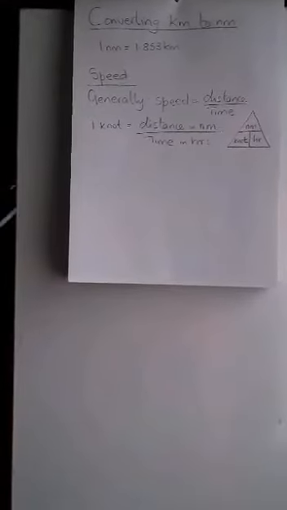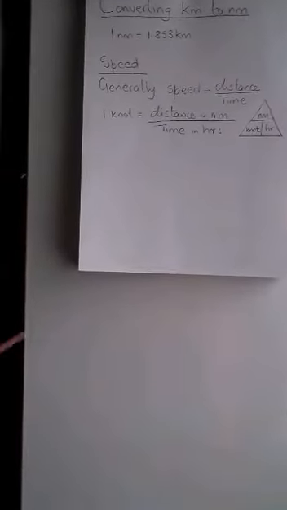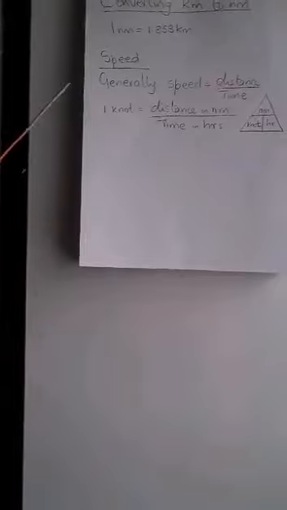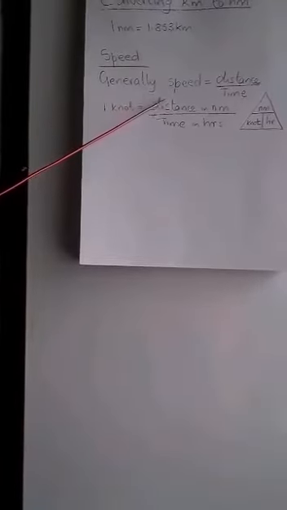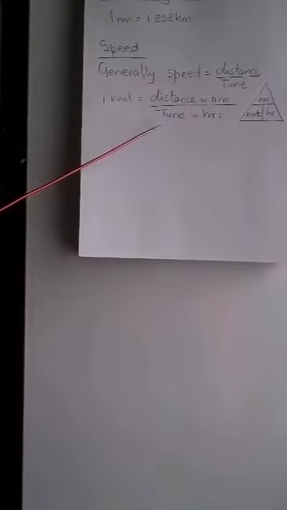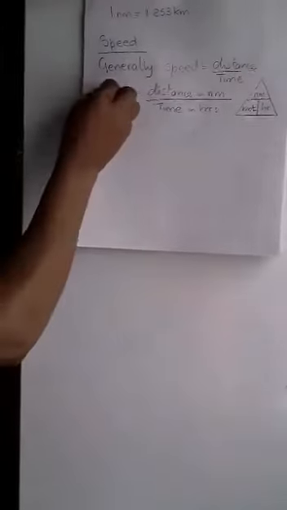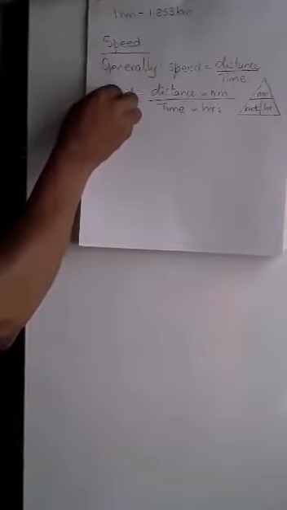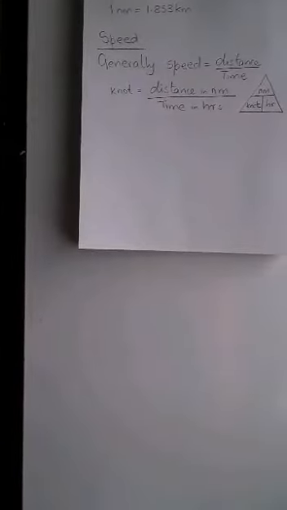The common units we know are kilometers per hour or meters per second or centimeters per second. But one knot means distance in nautical miles and time in hours. All right? Good.